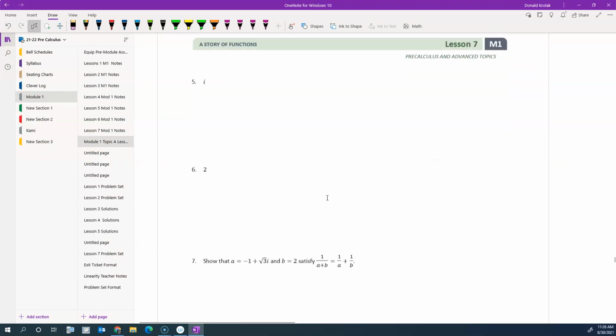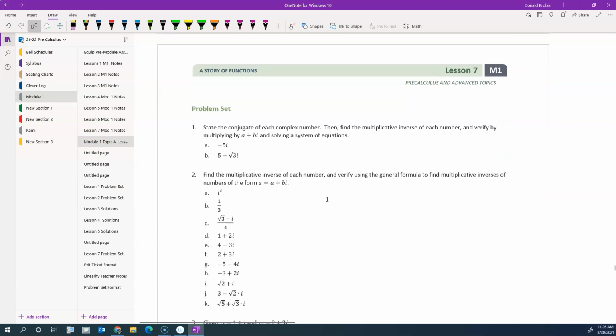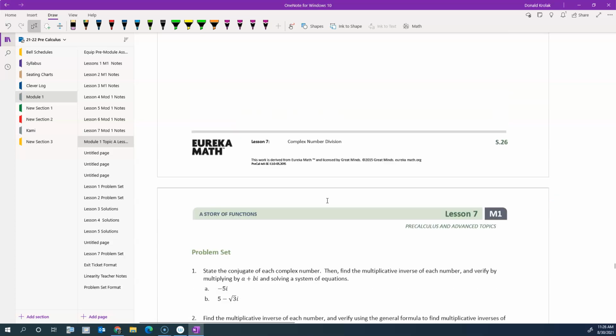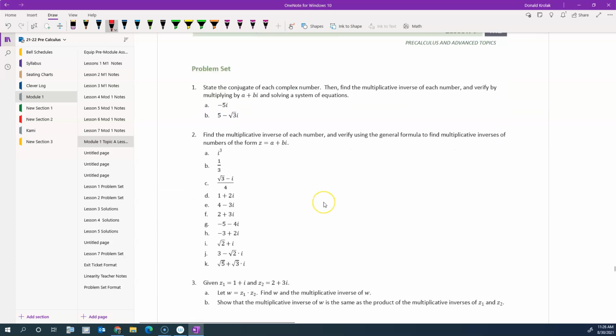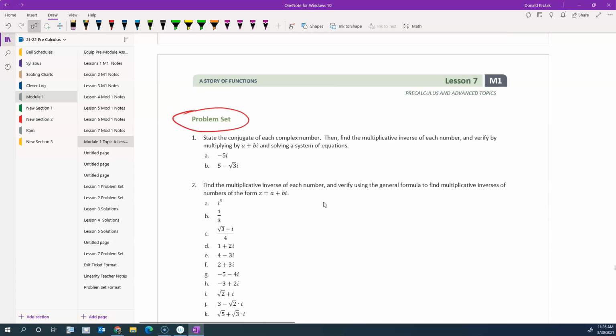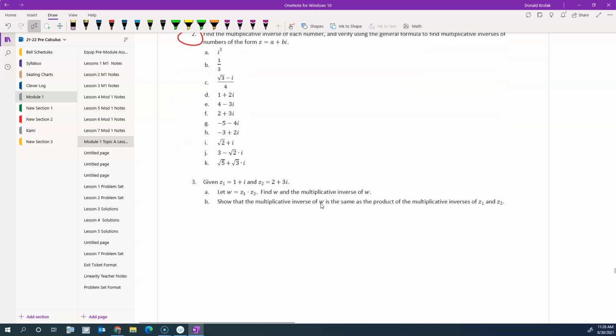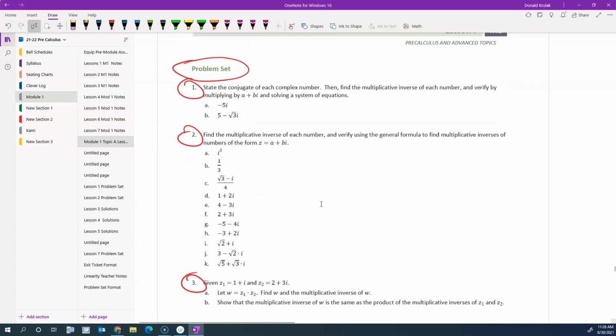Classwork, it's right here. It's on page 27 of your packet. You're doing 1, A and B, 2, and 3. Number 2 is just like we did on our notes today.